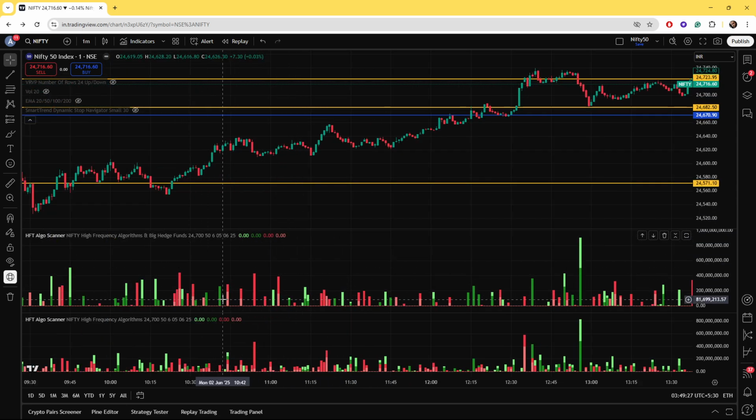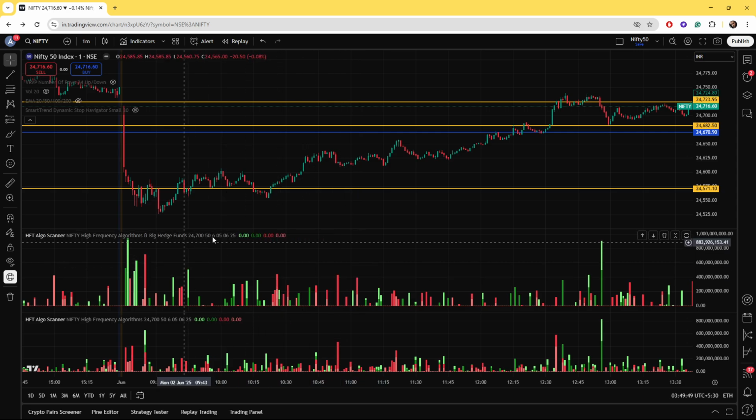If you don't want to use both, you can just use the top model, which includes both HFT high frequency algorithms and big hedge funds, so you are most welcome to use that. It's working very beautifully, as you can see.